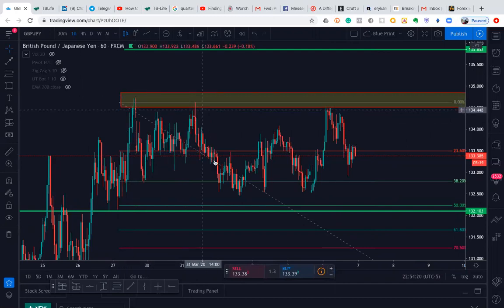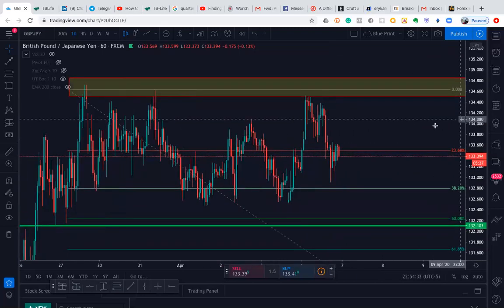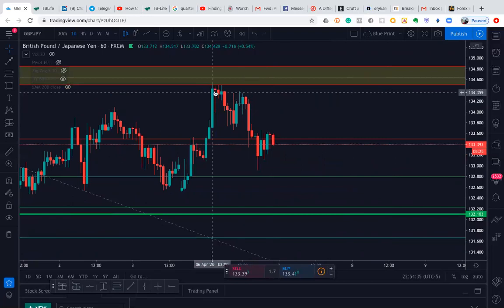Top, top, it's going to swing around, and then when it gets up here, your sell limit should basically take off, which will be right here, this candle right here. This is your sell limit.